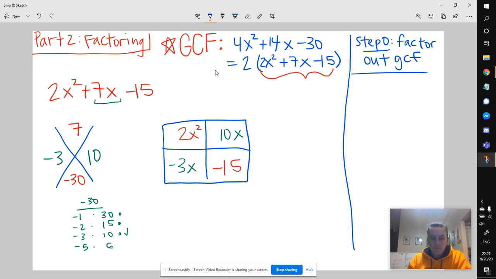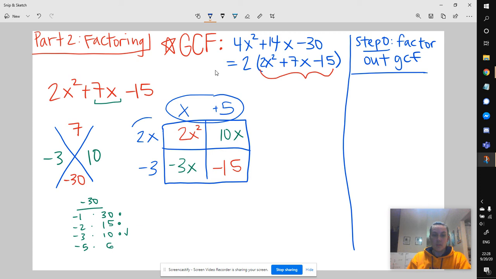So 2x squared and 10x both have a 2x involved. 2x times something is going to equal 2x squared, so that something has to be a regular x. This x times something needs to be negative 3x, so that's going to be minus 3. And then minus 3 times whatever goes here needs to be negative 15, which means this is positive 5.